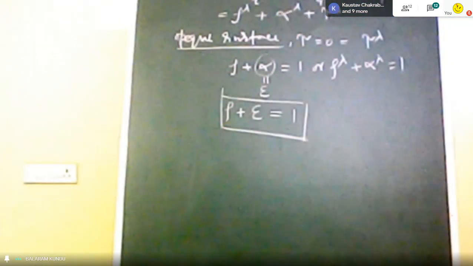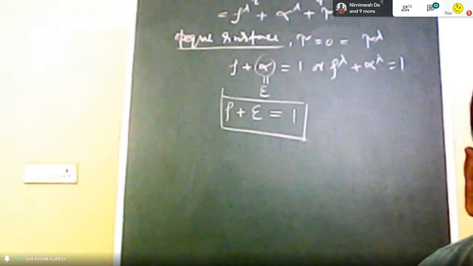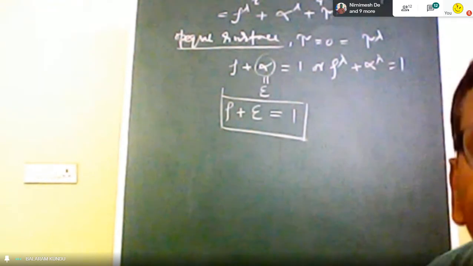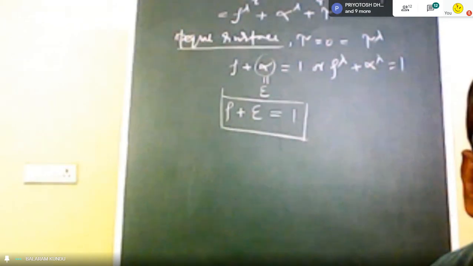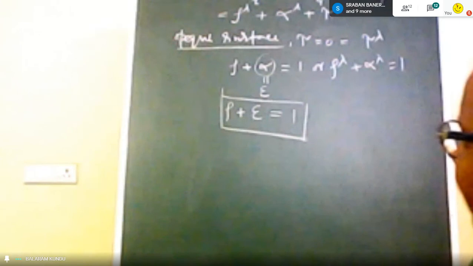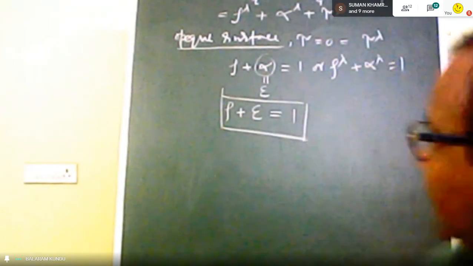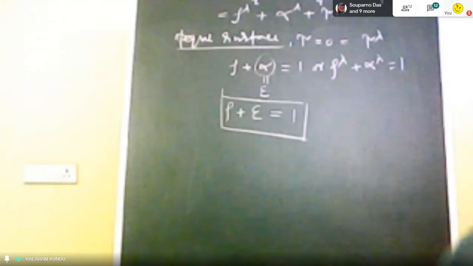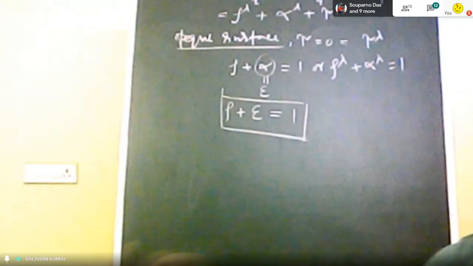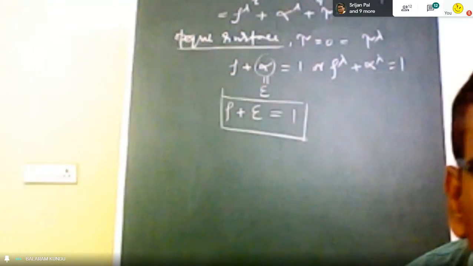Understand? Any confusion, anything? Alpha equal to epsilon, from Kirchhoff law we can replace alpha by emissivity epsilon.